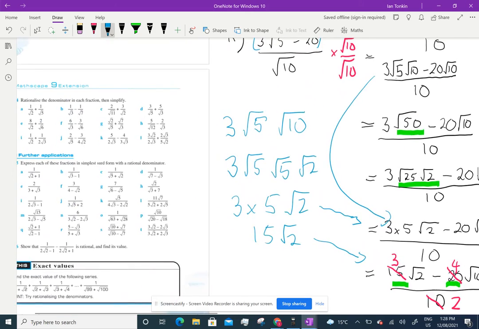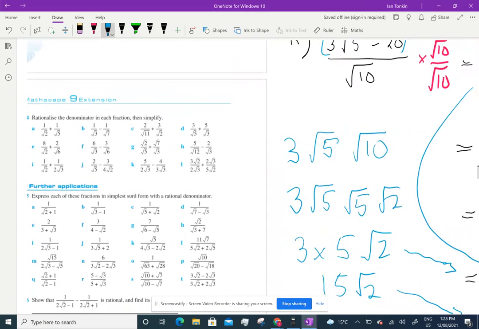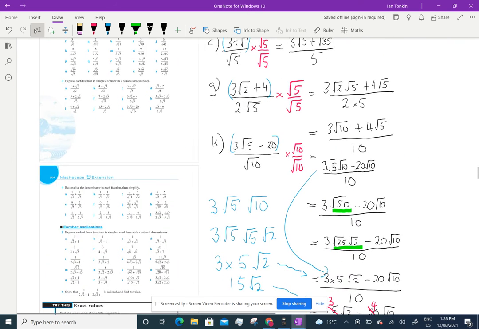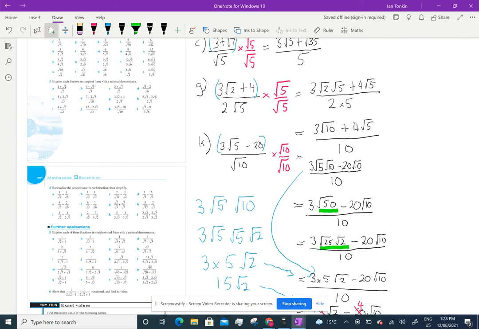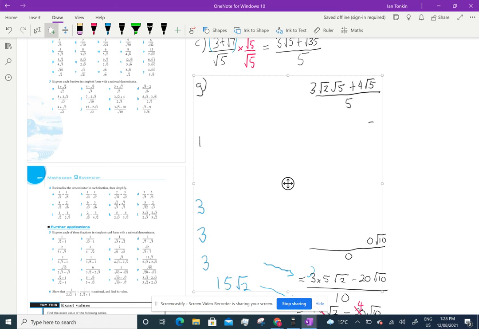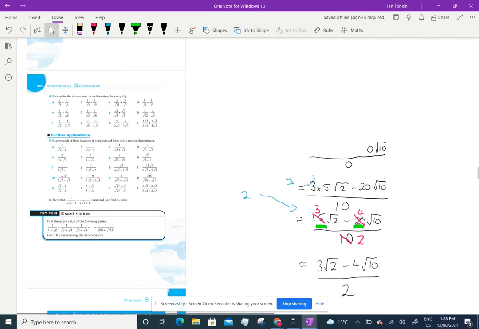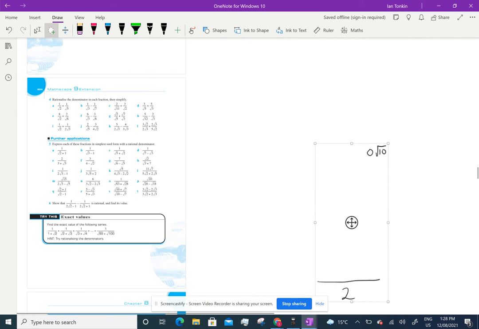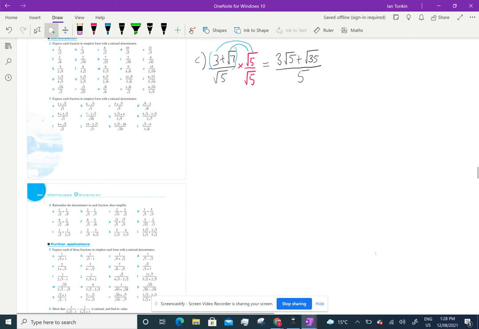Okay, question 4, and this is as far as you go. This is what it's all about for adding and subtracting fractions. So let me create some space again. Here we go.